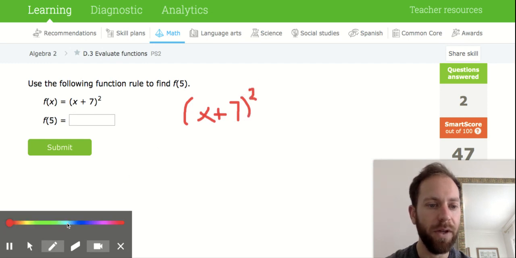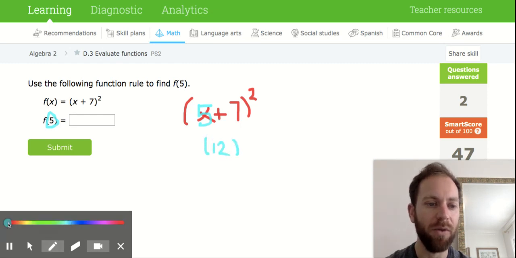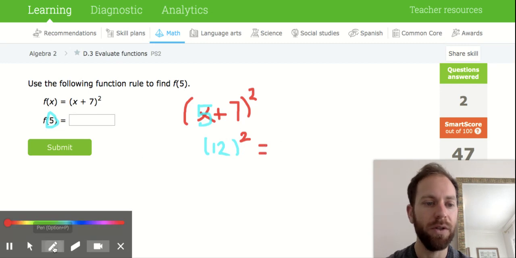So let's go ahead and input 5 wherever we see an x. So instead of x plus 7, we have 5 plus 7, which is 12. Remember, we're doing the parentheses first, then we're applying the exponent. Parentheses is our G, our grouping tool. So 12 squared is the same as 12 times 12, which is 144.